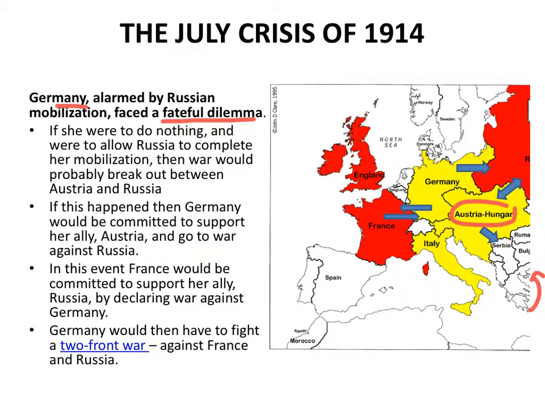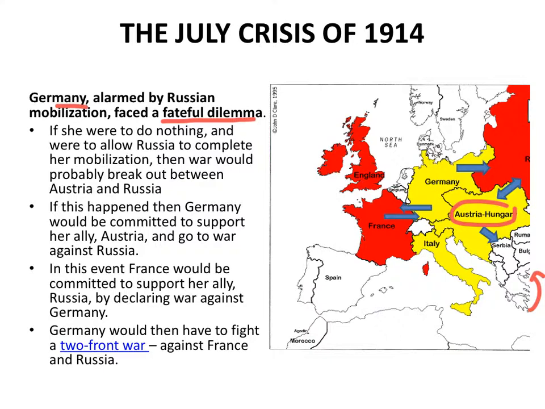She did not want another great power controlling that southeast corner of Europe. So Russia was determined to go to war against Austria-Hungary to prevent Austria-Hungary defeating Serbia. Now, Russia didn't declare war against Austria-Hungary.